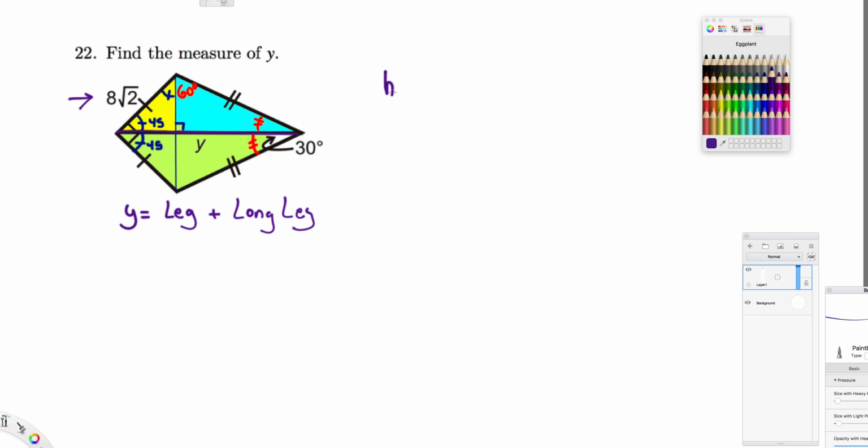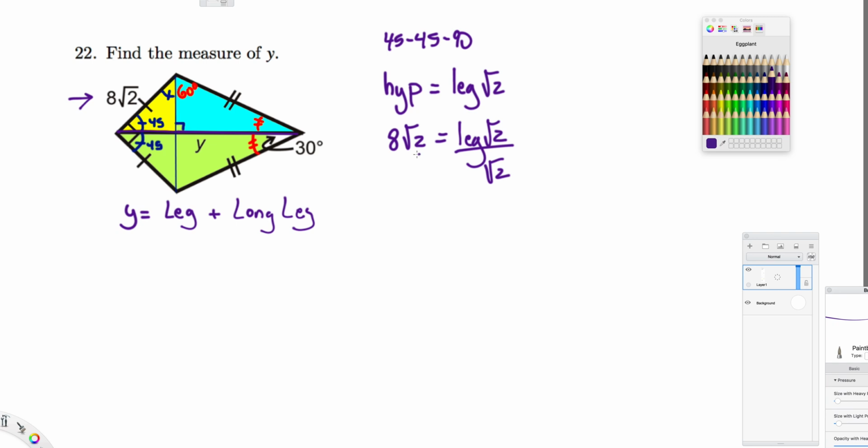So we know that hypotenuse equals leg root 2, and this is for a 45-45-90. So 8 root 2 equals leg root 2. We need to solve for leg. We need to undo multiplying by root 2. We undo multiplying by dividing.